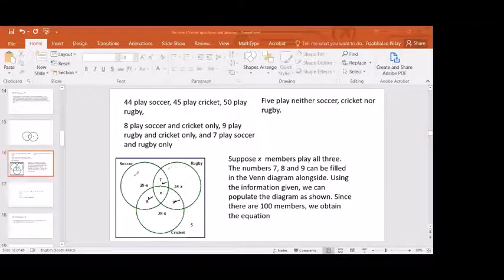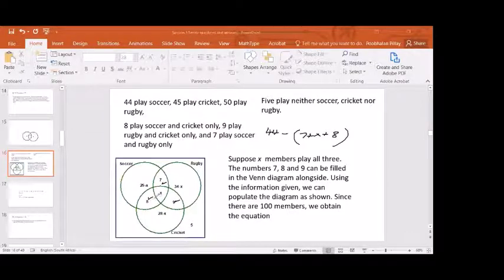So to work out the people who play soccer only, you have to remove these 3 numbers, which add up to 7 plus X plus 8.